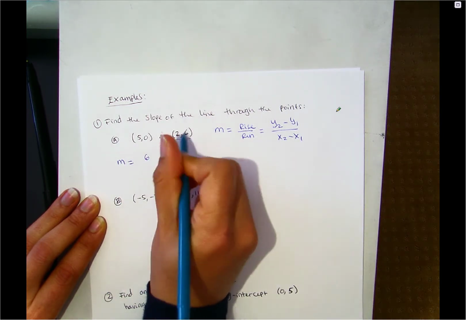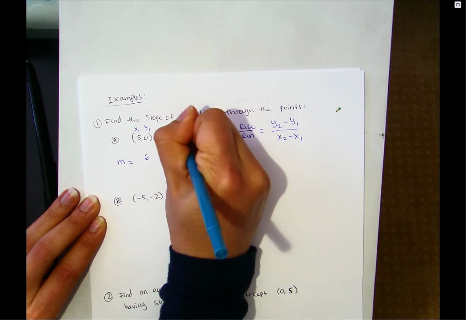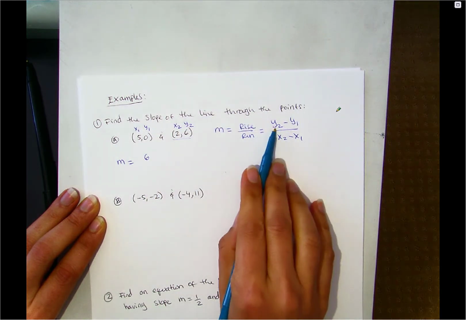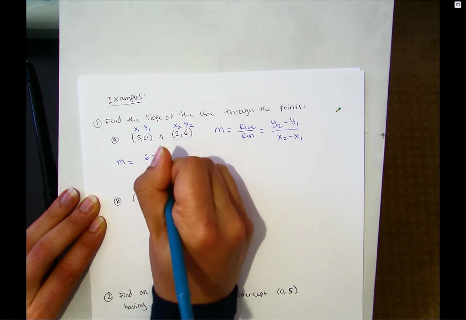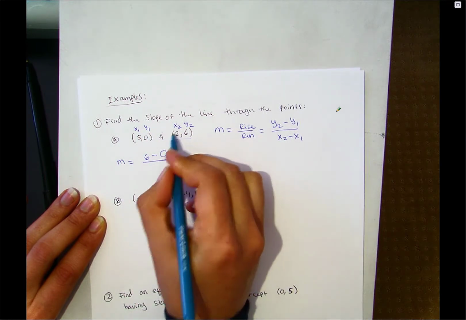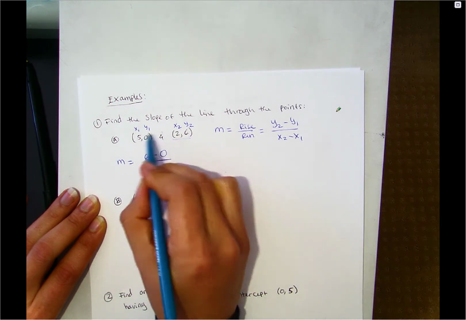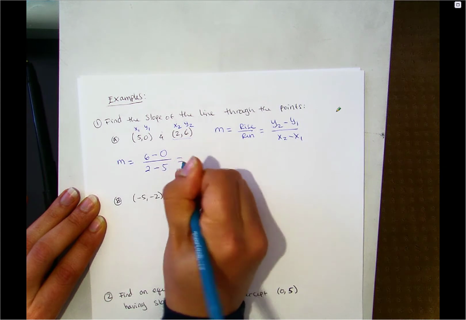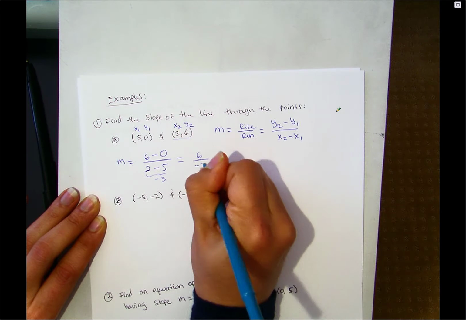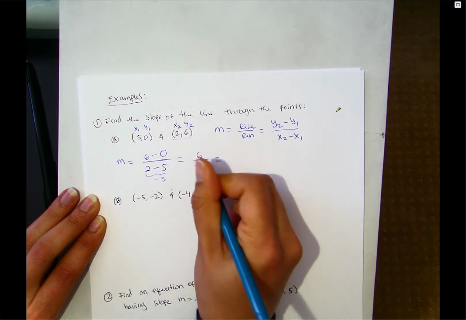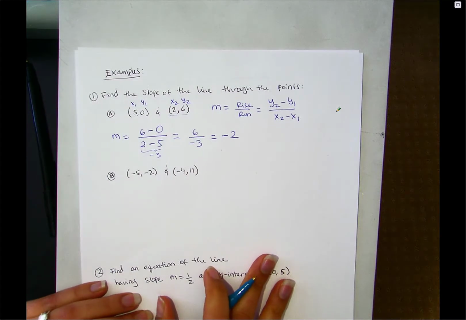If you call this x1, y1 and this x2, y2, then following this formula I have y2, 6, minus y1, 0, over x2, 2, minus x1, which is 5. So I'll have 6 over 2 minus 5, which is negative 3. Now I need to reduce this. 3 goes into 6 2 times. So my slope is minus 2.